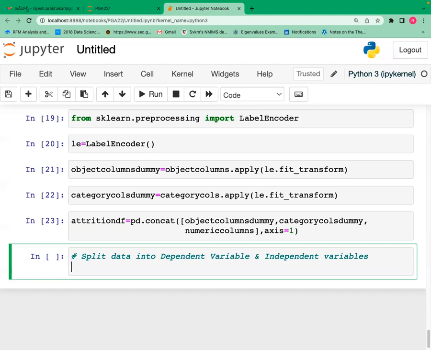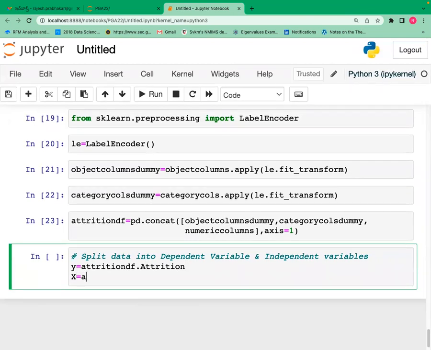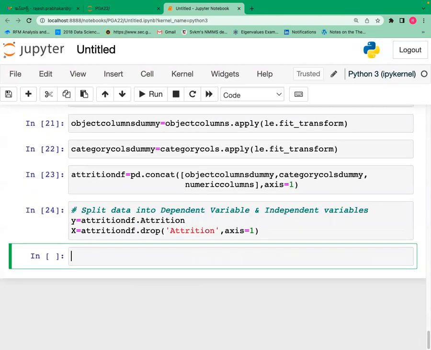So y is equal to attrition df dot attrition. X is equal to attrition df dot drop attrition, comma axis is equal to 1.